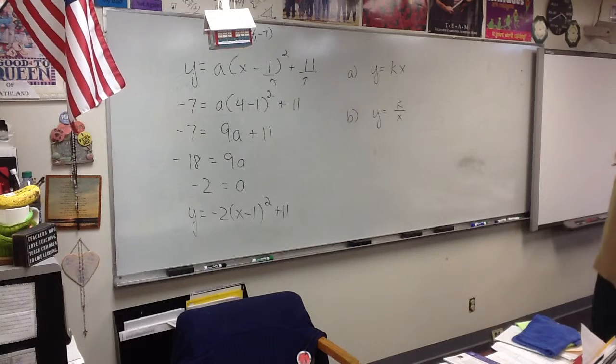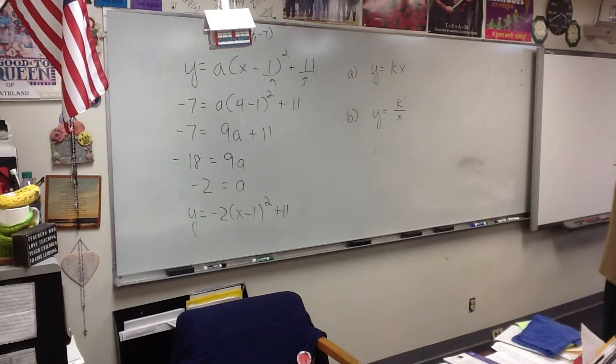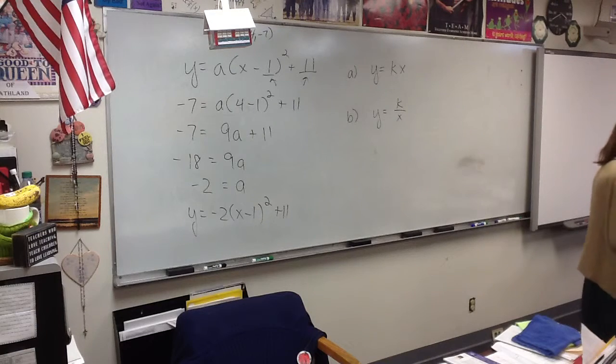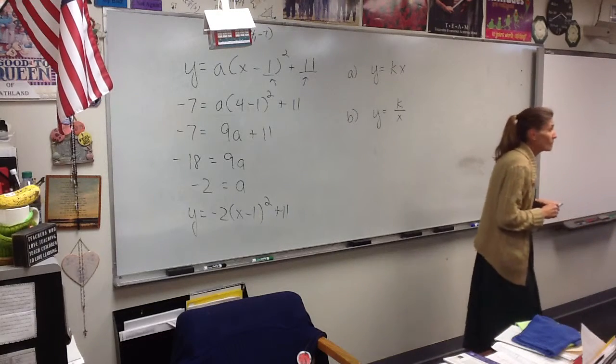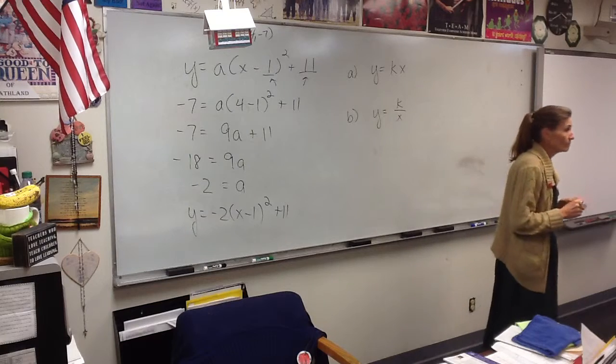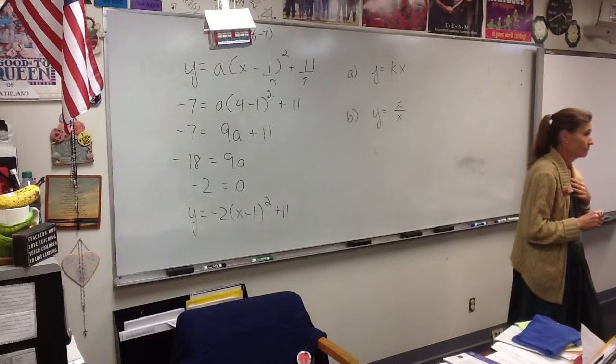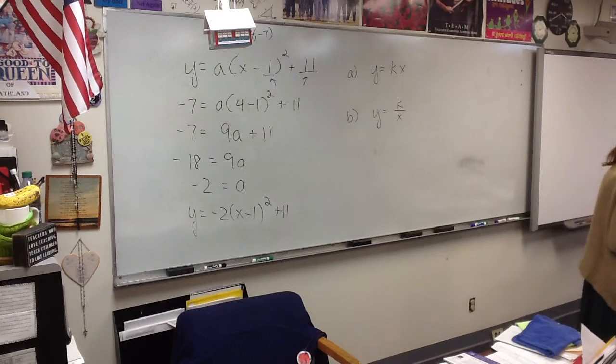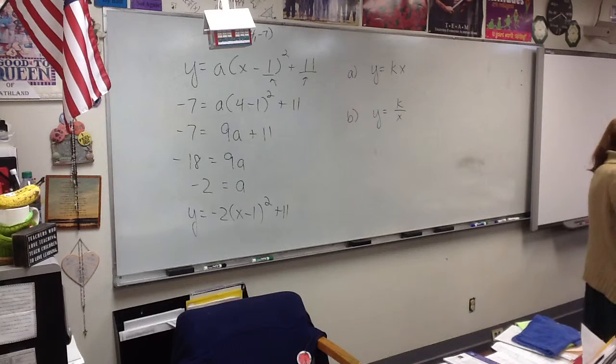I buy 5 pounds of bananas. Who will pay more? Me. Why? I bought more. Direct variation. More bananas, more money. The more you buy, the more you pay.